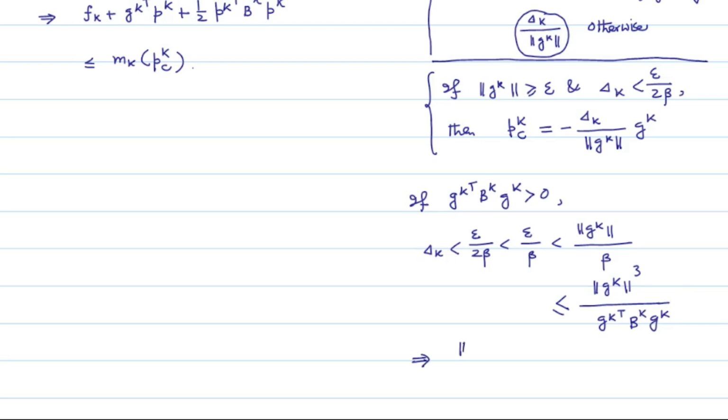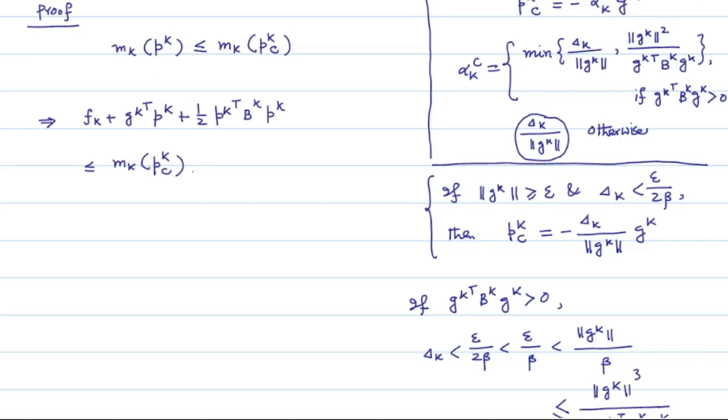Therefore you have delta_k divided by norm g_k is less than or equal to norm g_k squared divided by g_k^T B_k g_k, and therefore even if you have g_k^T B_k g_k greater than 0, the minimum of these two quantities is equal to delta_k by norm g_k. So in any of the cases, g_k^T B_k g_k greater than 0 or less than 0, alpha_k^C is given by delta_k divided by norm g_k, provided these two conditions are holding.